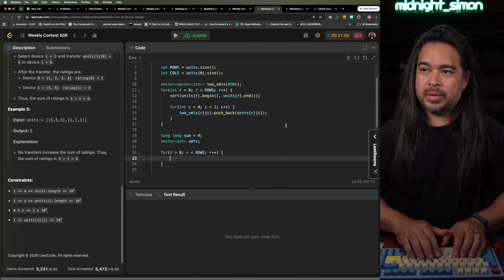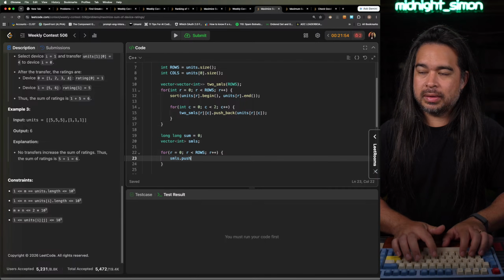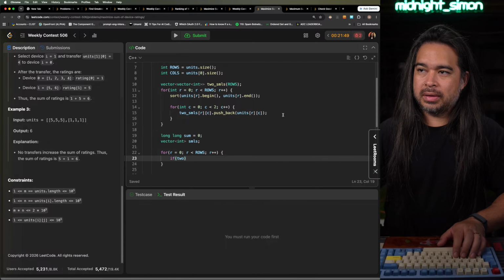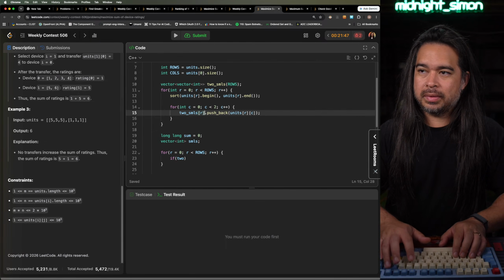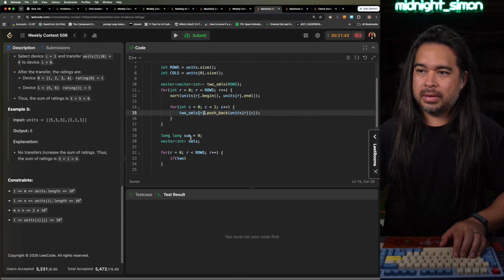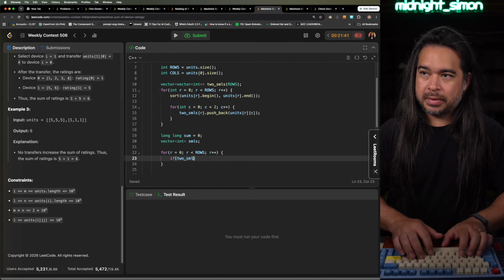So the smallest unit is, well, I guess we can say if, oh, this is bad. So I have two smalls.